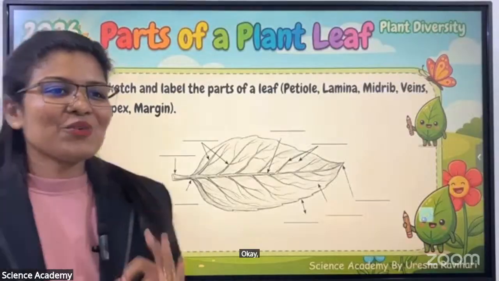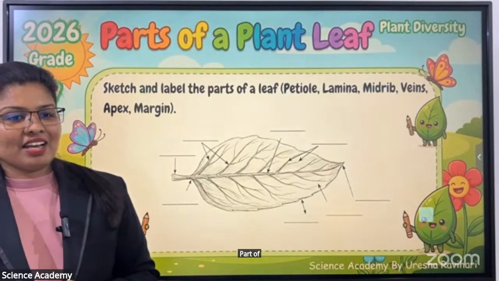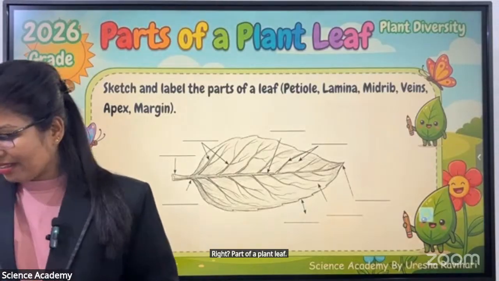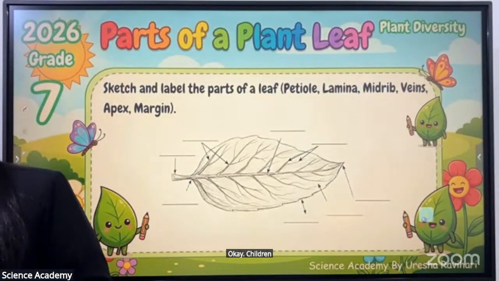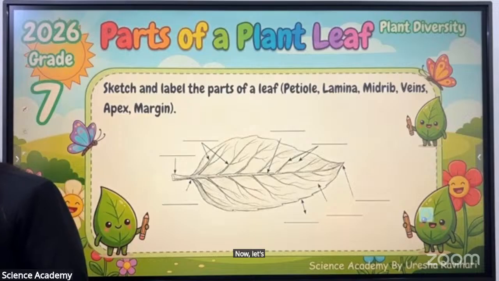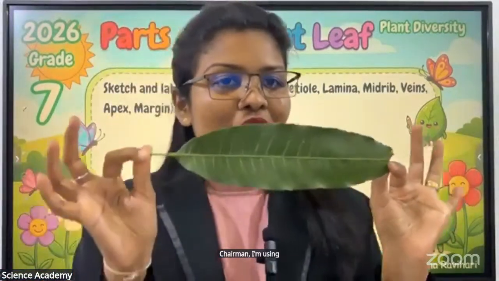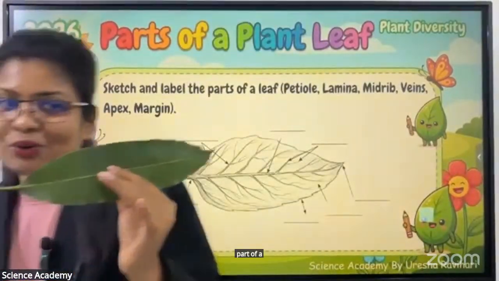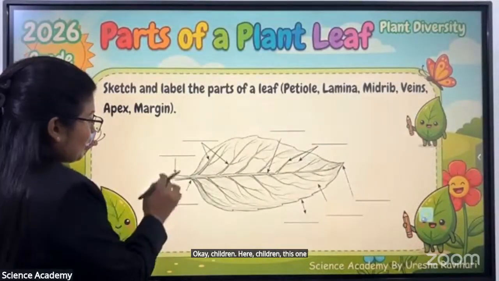Now we are going to discuss the parts of a plant leaf. Shaka patrayaka kotas. Okay, children, now let's identify. Children, I am using a live specimen for identification of the parts of a plant leaf. Here children, this one is called what?